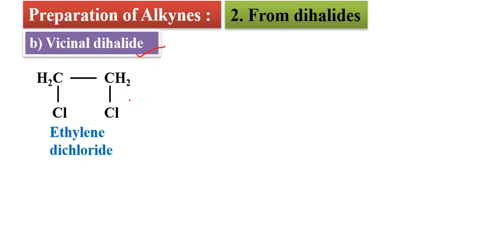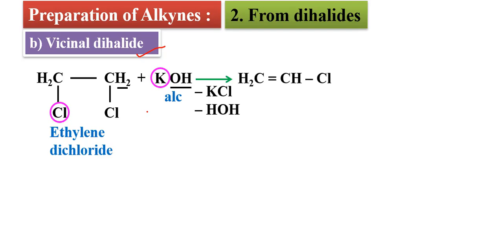Alkynes from vicinal dihalides. Preparation of alkynes from vicinal dihalides. Vicinal means halogens are present on adjacent carbons. Here also we can use alkali KOH, same function, dehydrohalogenation, and we get vinyl chloride.